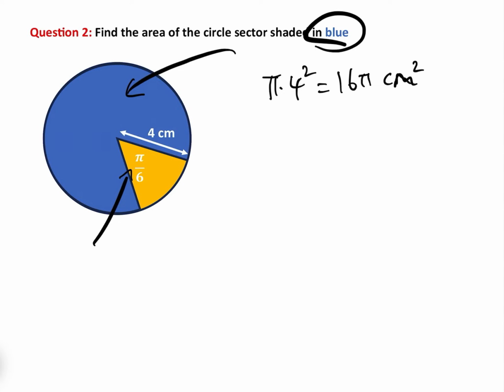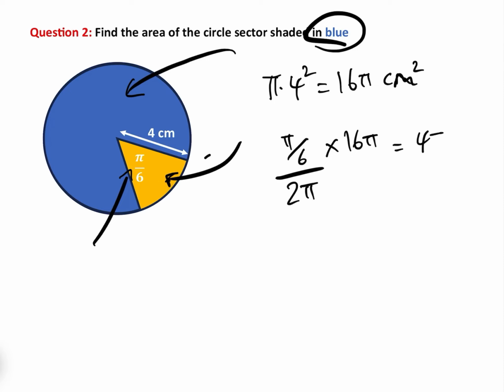That's the area of the whole circle, and then we just take away this bit, which is pi over 6 over 2 pi, because there's 2 pi radians in a circle, times the area of the whole circle, 16 pi. Pi over 6 over 2 pi is pi over 12, so that's 4 pi over 3.